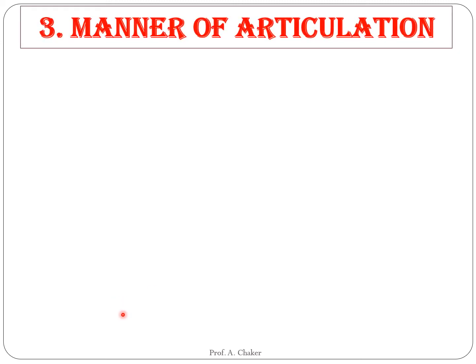After having talked about the place of articulation, now let us deal with another criterion that we use to describe the speech sounds. It is the manner of articulation. When we say manner, we ask the question how? How are these speech sounds articulated?